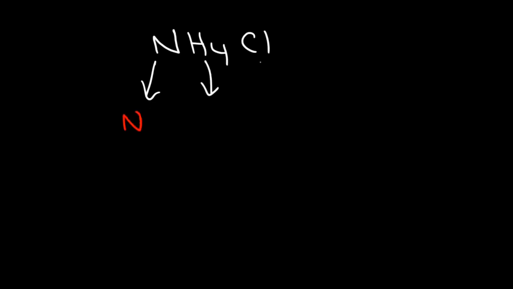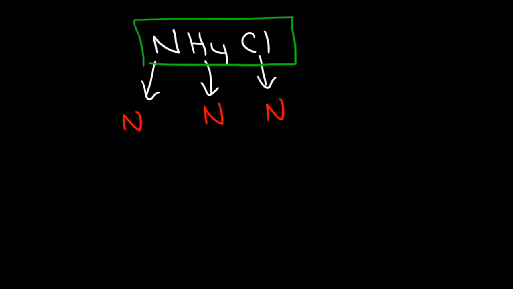Now there is an exception. Ammonium chloride. Nitrogen is a nonmetal. Hydrogen is also a nonmetal, and the same is true for chlorine. So there are no metals in this compound. So you might think that this is a molecular compound, but you need to be careful because it's composed of ions.